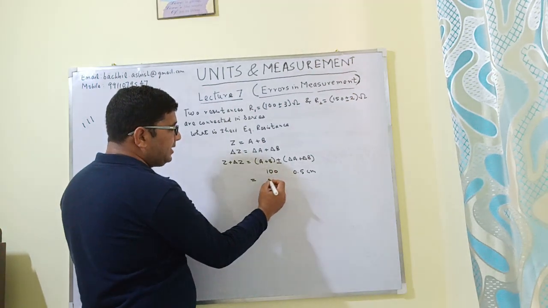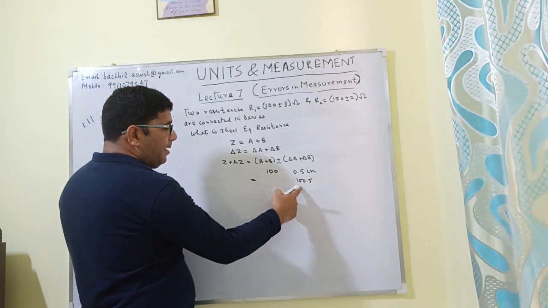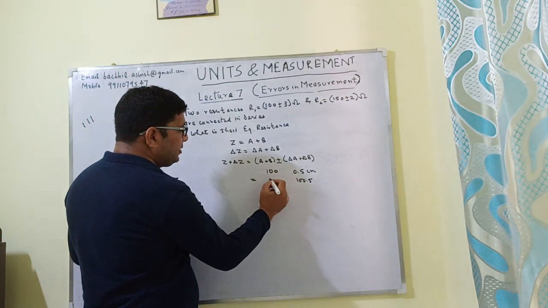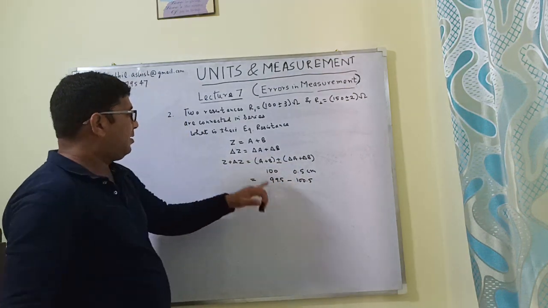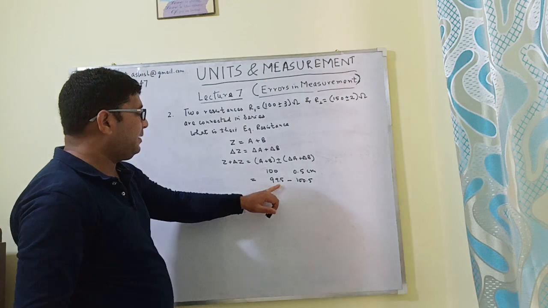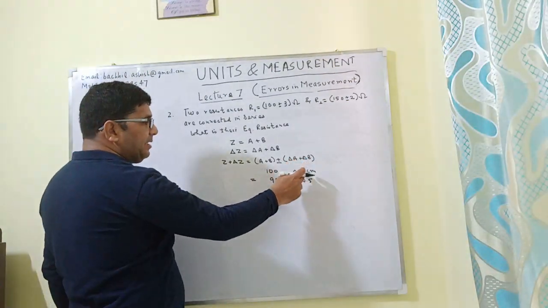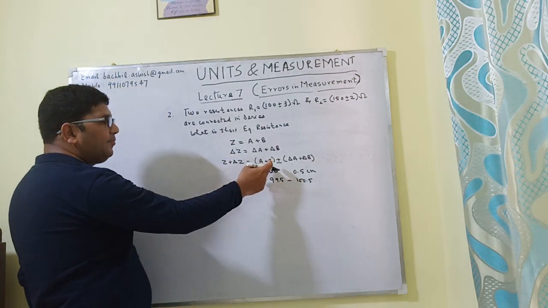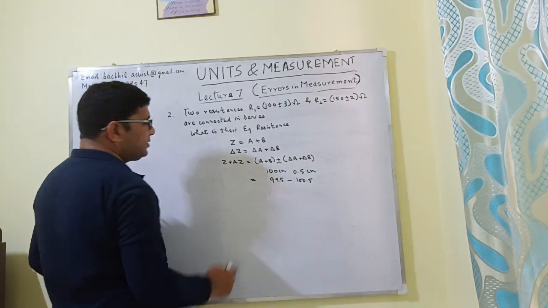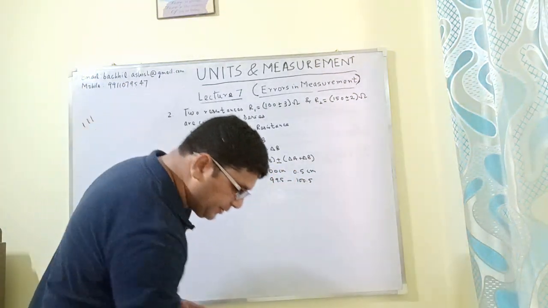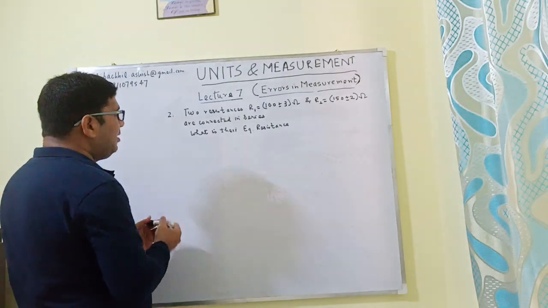On the higher side it will be 100.5, and the lower side will be equal to 99.5. So the value of Z will vary from 99.5 to 100.5, if delta A plus delta B is equal to 0.5 centimeter and A plus B is equal to 100 centimeter. Okay, so we will be following this concept in this problem.